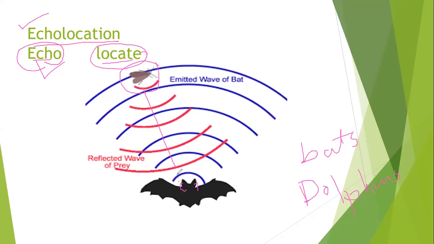So, by the difference between the time of the emitted wave and the reflected wave, animals like bats and dolphins identify which type of obstacle or hindrance is present in front of them. Due to those reflected waves, they identify the object, and change their way or catch their prey.